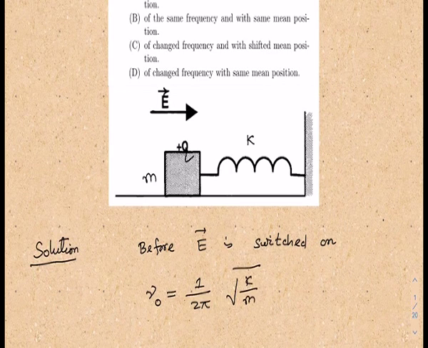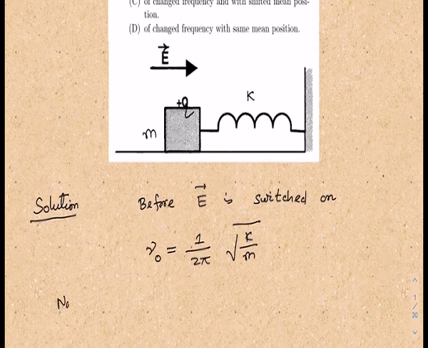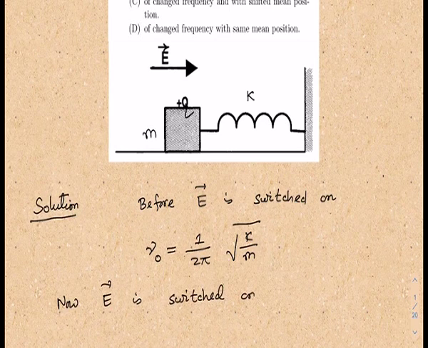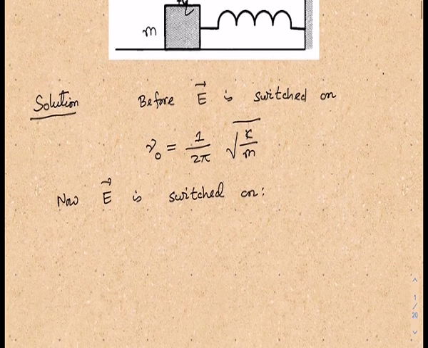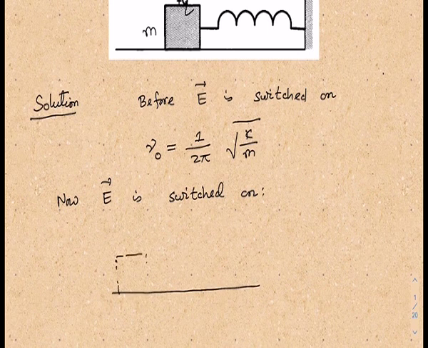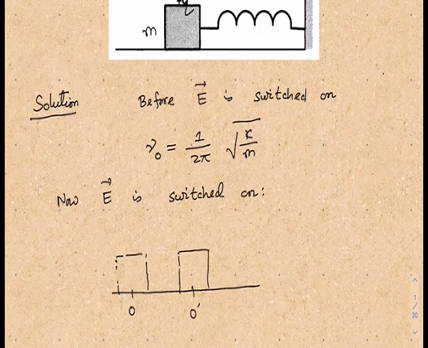Now let me consider the case when E is switched on. In this case, what is going to happen? Because of the electric field, this block, which was earlier at the mean position say O, would be shifted to this position say O dash, shifted by a distance say x0.